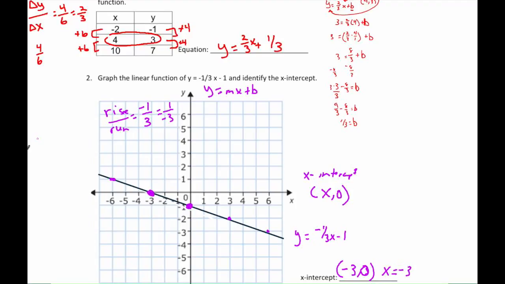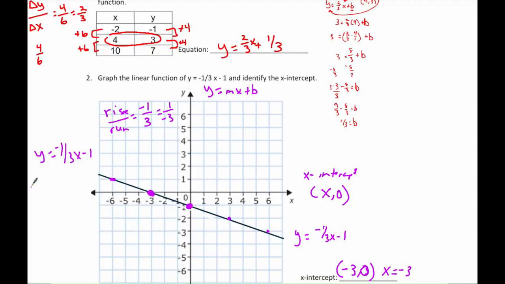I'm going to go ahead and take a moment here and kind of go off to the side, literally, so you guys can see that if I have this function of y equals negative 1/3 x minus 1 and I need to solve for the x-intercept, well, I know if I substitute in 0 for x right here, that's going to be the y-intercept.